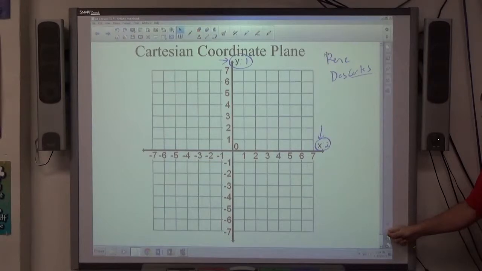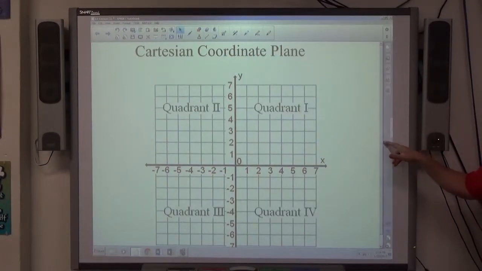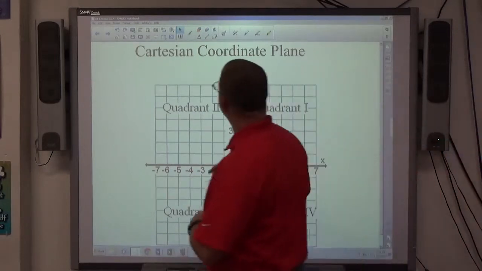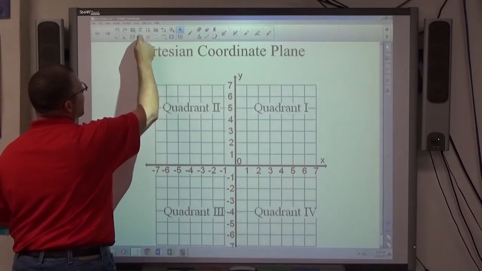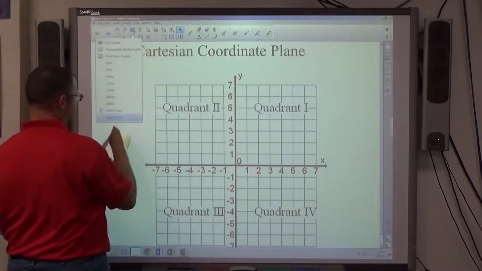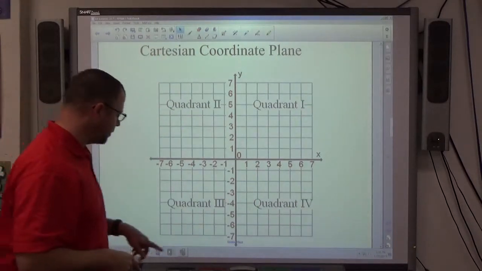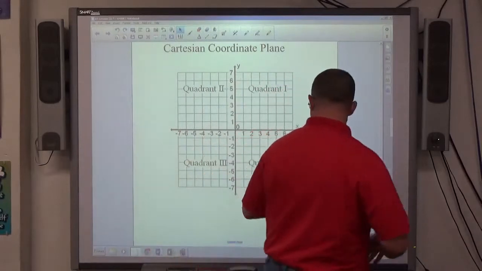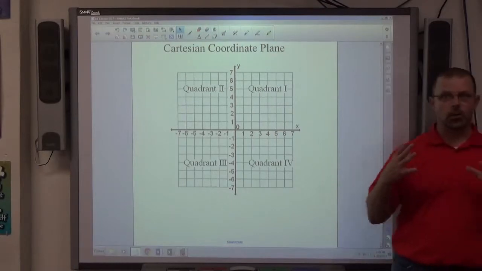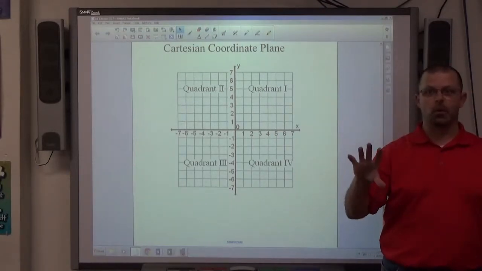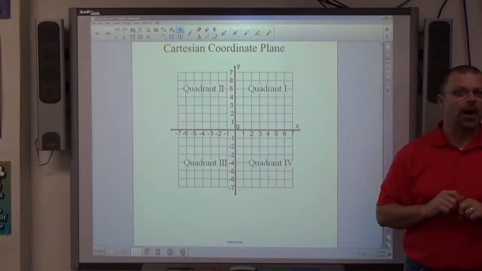Also, this is not something that happens in this class specifically, but it's going to be coming up in the future. This has to do with quadrants, still the Cartesian coordinate plane. This is more of a trigonometry idea, but it's important to know this. So, here we go. A quadrant is 1/4. When you hear the word quadrant, they're breaking things into fourths. There's also what's called octants.